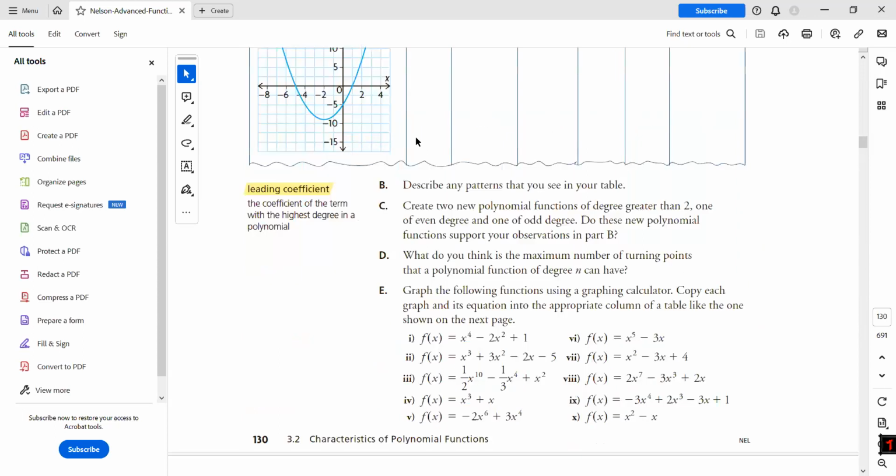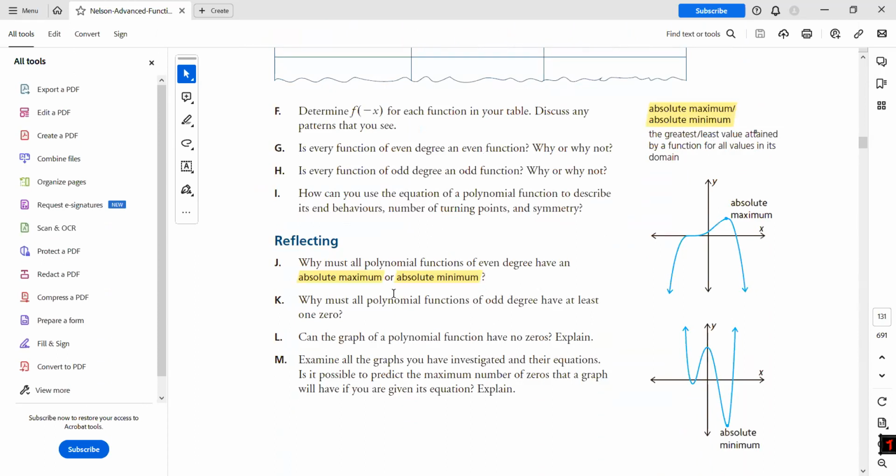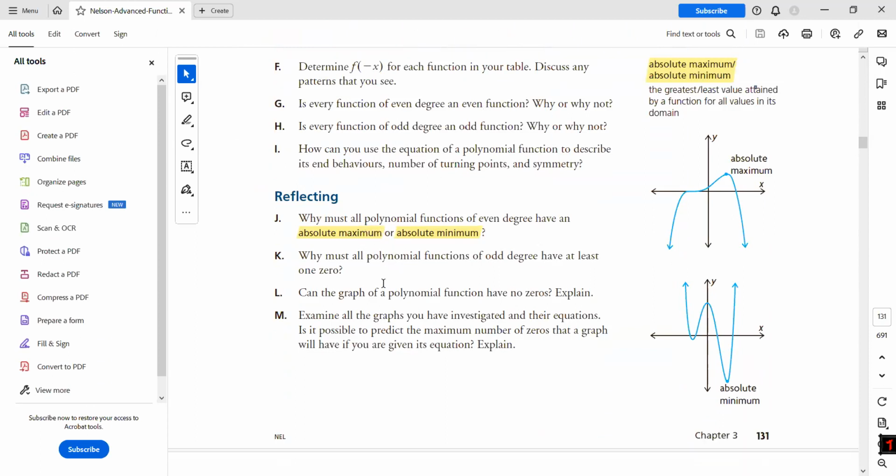Absolute value, another characteristic. Absolute maximum, absolute minimum. All polynomial functions of even degree have an absolute maximum or absolute minimum.